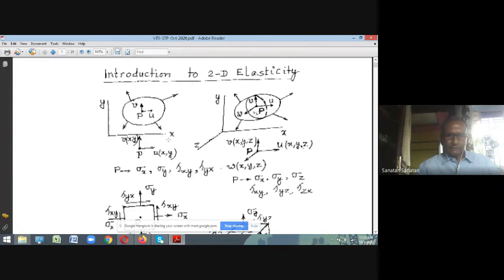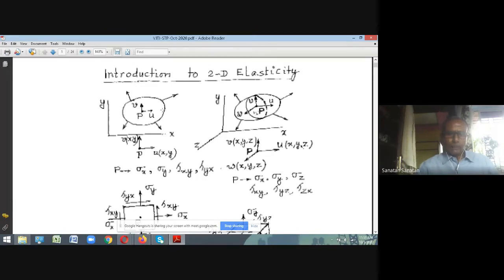In this case, the geometry is not defined in terms of simple shapes. We try to define the geometry using rectangular coordinates like x and y, and then we have some forces acting at its boundary, which are shown schematically.